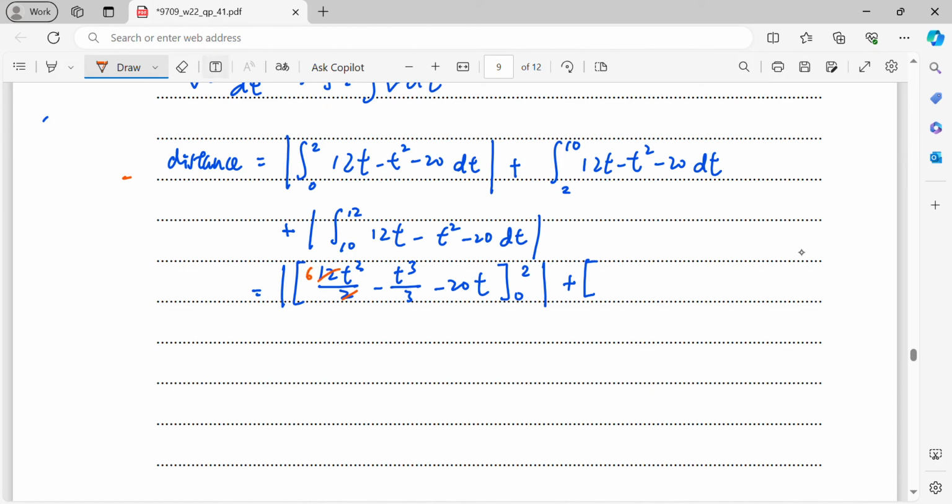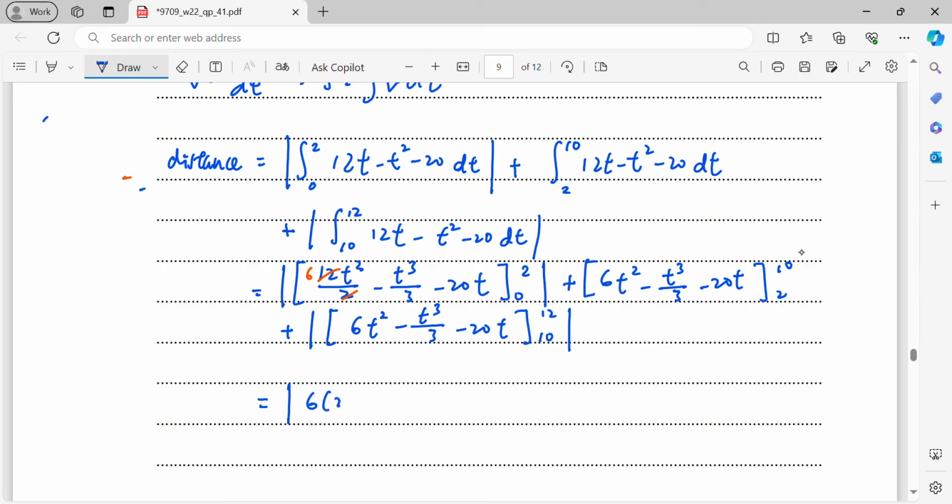So I can just direct write 6t squared. Okay, then from here, just replace the values. So I will get modulus of 6, 2 squared minus 2 cubed over 3 minus 20 times 2.